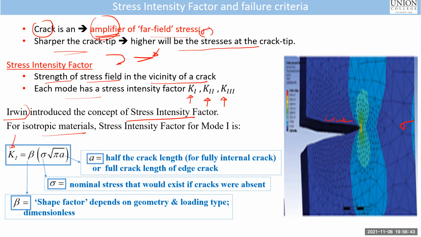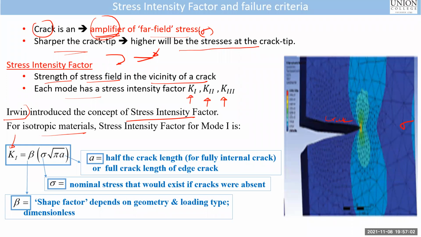The most important thing here is sigma. Sigma is the far field stress. So you have a load somewhere far away from the crack. You have sigma being applied, but the sigma is getting magnified by this term root pi a and beta.